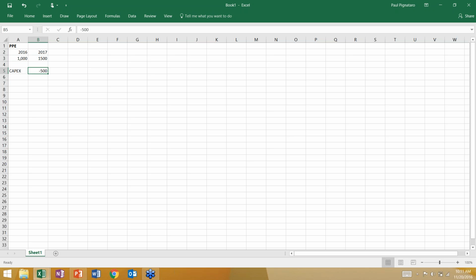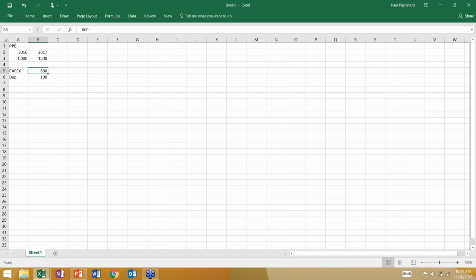CapEx is always negative. If I've spent 500 in 2017, that means my property's gone up. But the problem with the balance sheet driving the cash flow method is I don't know if this is correct. Or could it have been that my CapEx was 600, but I had depreciation of 100?